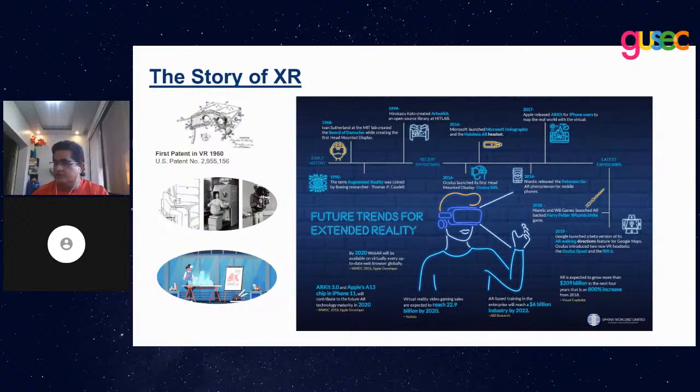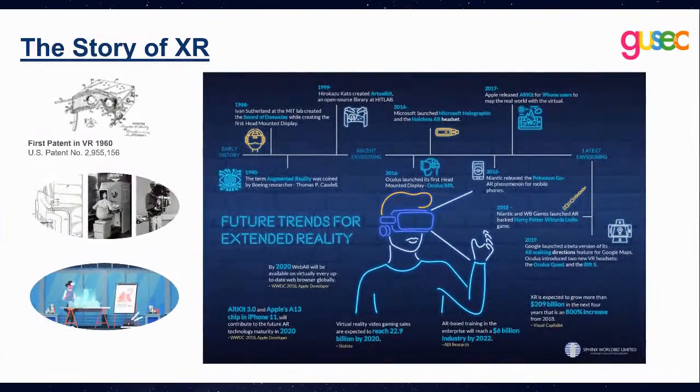Story of XR, right? We looked at the first patent, which was 1960. If you see the early history, 68 onwards to 99, all the way into the HoloLens AR, which was launched in 2016 by Microsoft, and then ARKit in 2017.